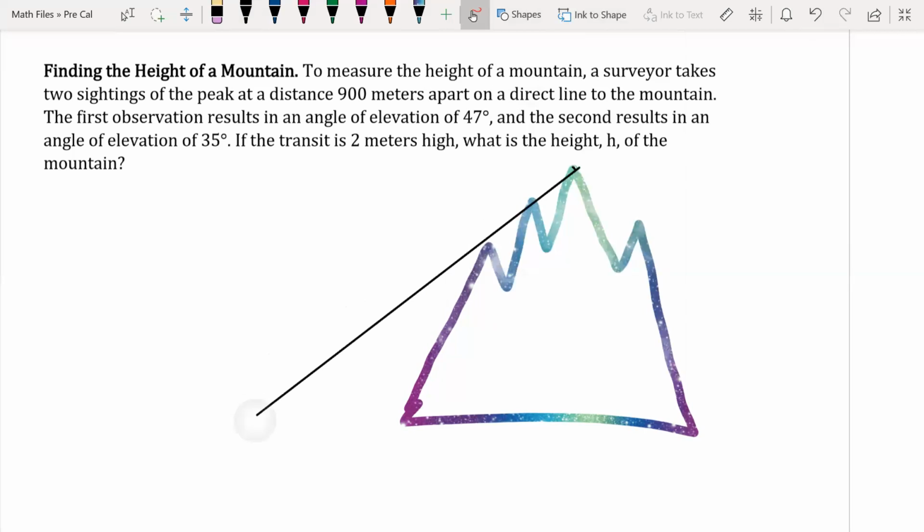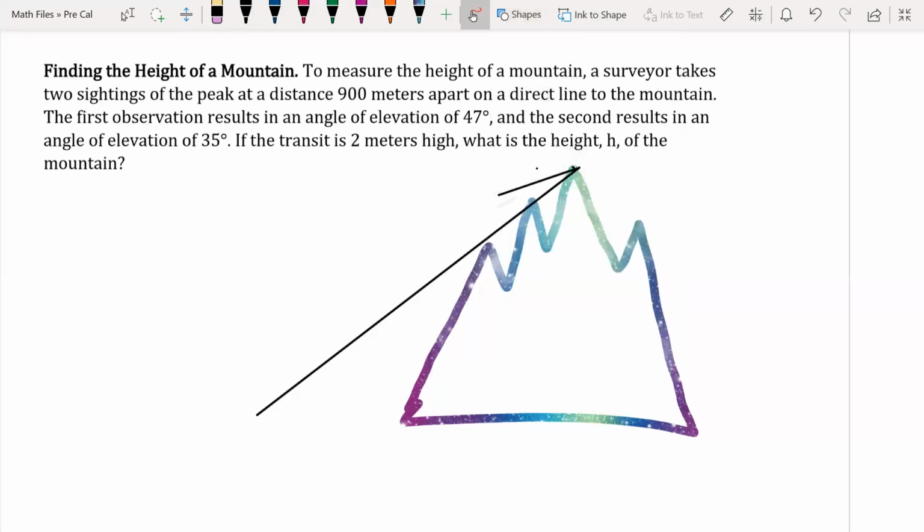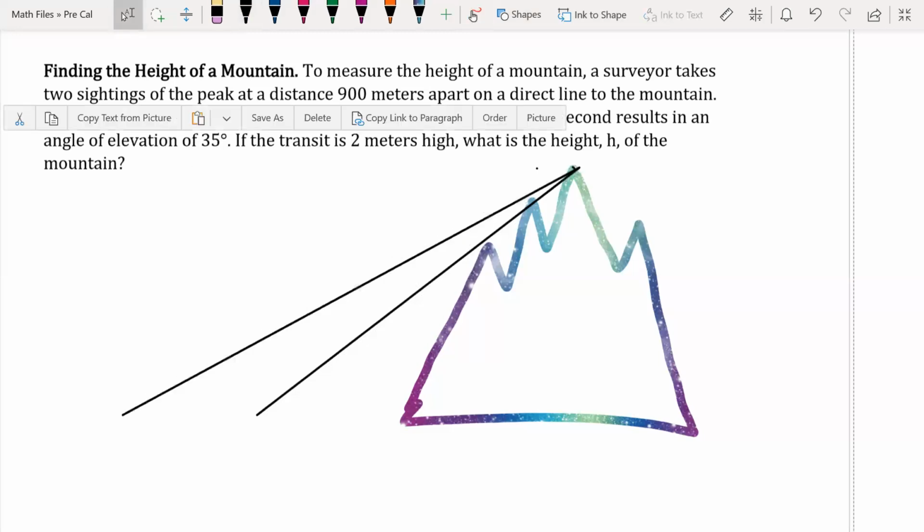There's our first sighting. And then he takes another sighting 900 meters apart. Boom, right there, why not? Well, couldn't you just go to like the other side of the mountain? No, because it's 900 meters apart on a direct line.